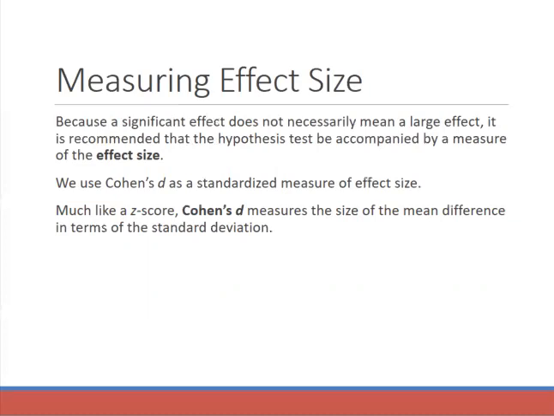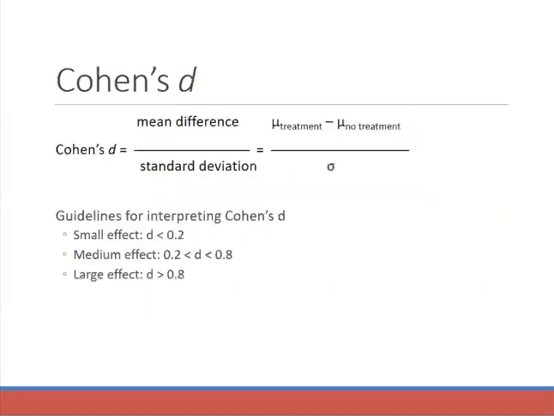When we look at effect size, we're looking at the magnitude of the treatment effect independent of sample size. The most common way to measure effect size is Cohen's d. Cohen's d measures the effect size in terms of the standard deviation.